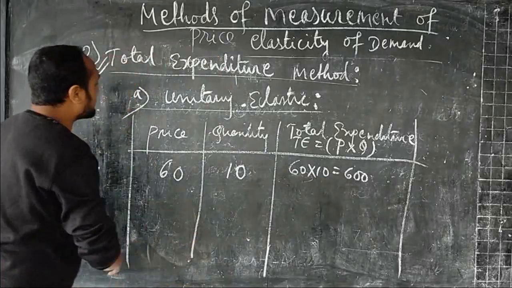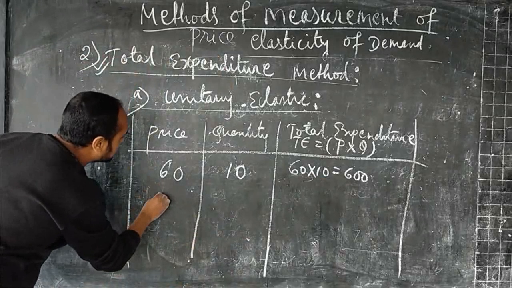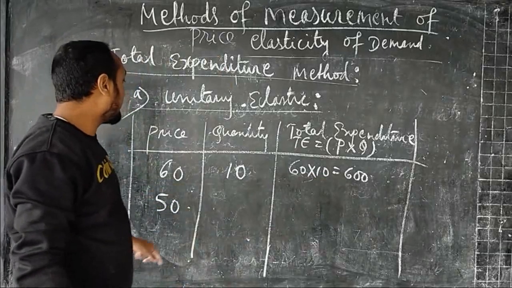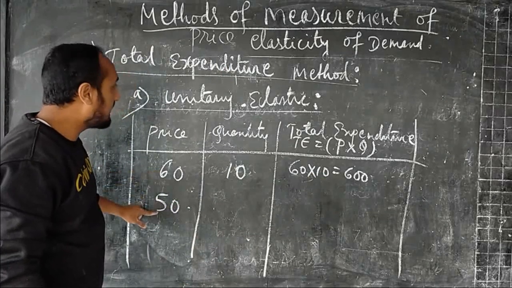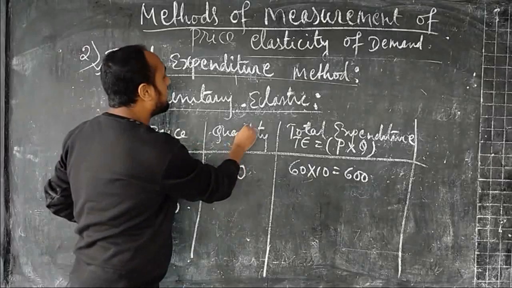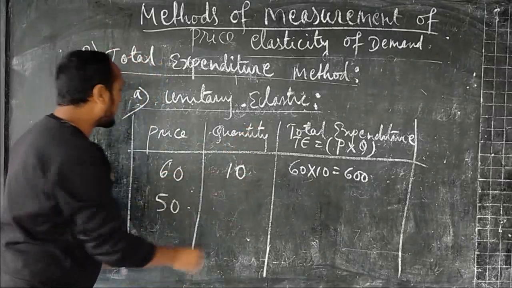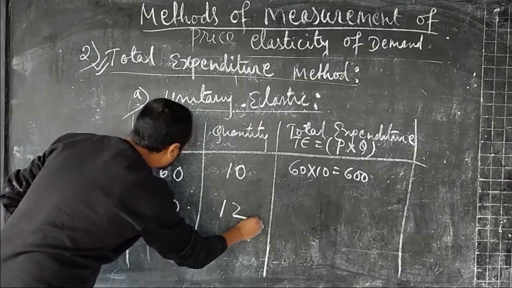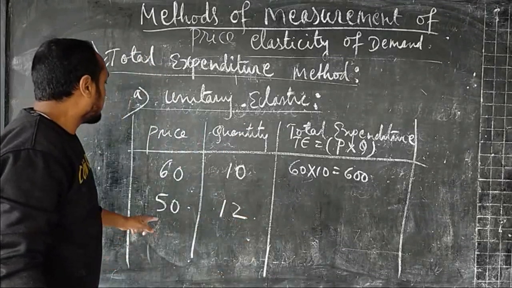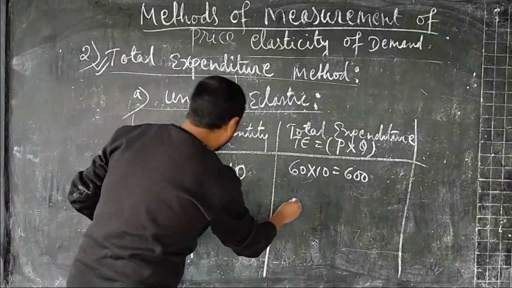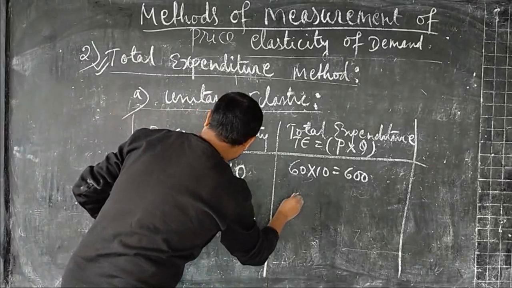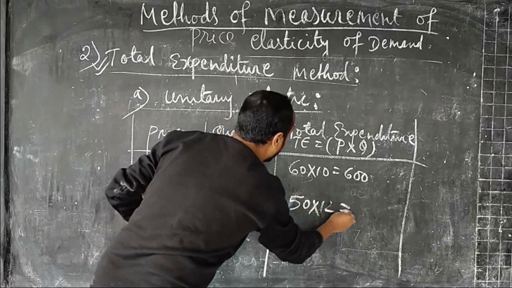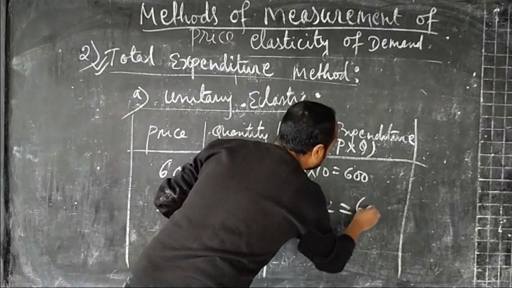Now if the price of the commodity falls from 60 to, say, 50, and due to the fall in price, quantity demanded increases from 10 to 12, in this case the total expenditure will be 50 into 12 equals 600.